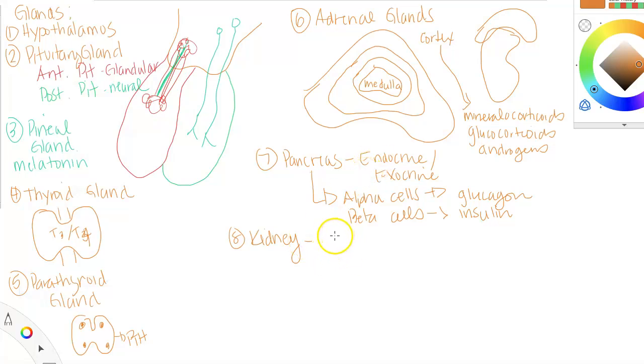So the kidney does a couple of things endocrine wise, but probably the most important that it does is it secretes something called erythropoietin. Anyway, erythropoietin targets the bone marrow, and it increases blood cell production.